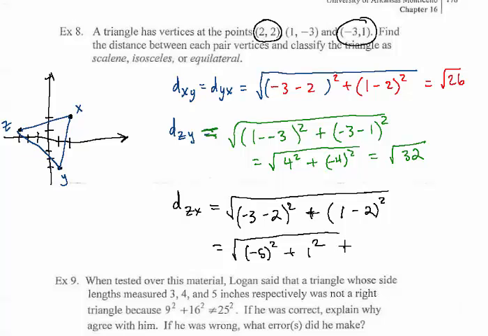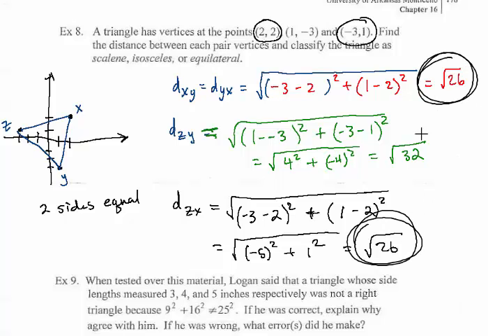and that gives us a side that is equal to the first side. So in other words, we ended up with 2 sides equal, this one and that one. The third side's different. So what kind of triangle are we dealing with? That would be isosceles.